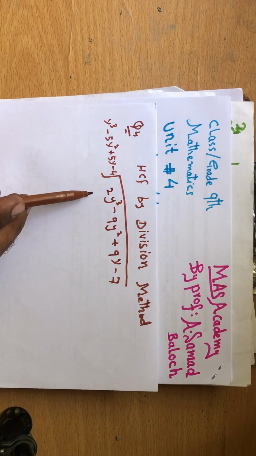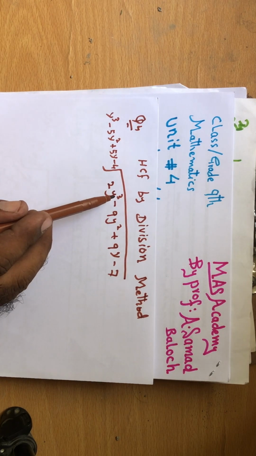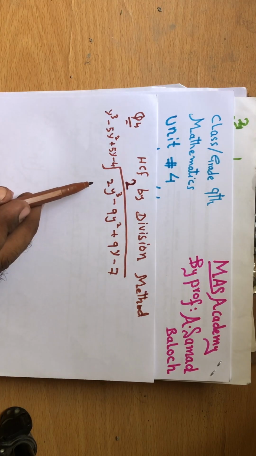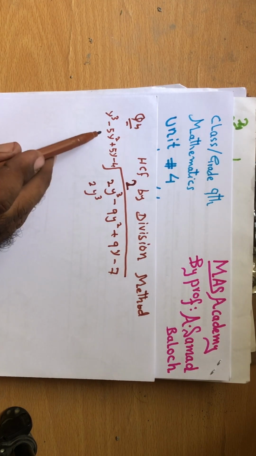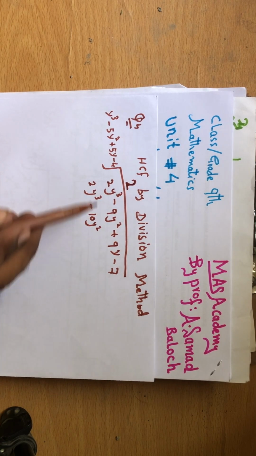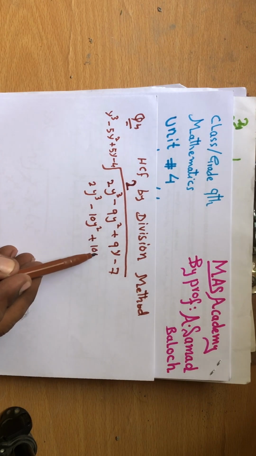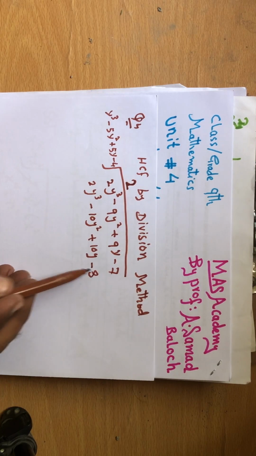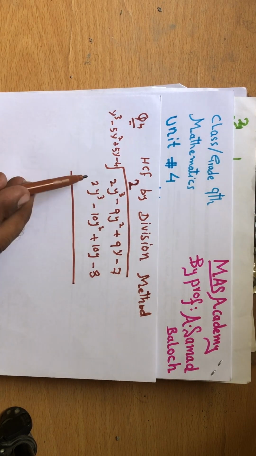We will see how many times y cube can get 2y cube. Very easy, simply multiply the expression by 2. The divisor will be multiplied by 2. After multiplying the divisor by 2, 2y cube came. Now 2 multiplied by minus 5 comes minus 10y square. 2 multiplied by plus 5y is plus 10y, and 2 multiplied by minus 4 comes minus 8. After this we know the procedure is to change the sign.